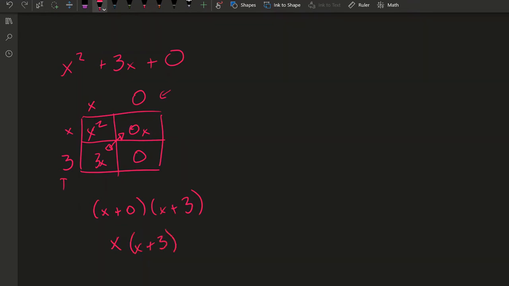Now the second way that you could do it is to look at x squared plus 3x and notice that there are x's in both of them, and simply factor the x out. This is like the reverse distributive property, doing the distributive property backwards. If I took an x out of each of them, what would be left?